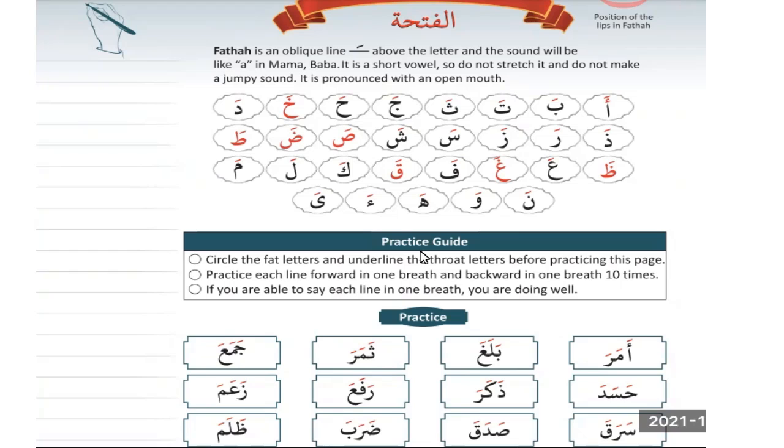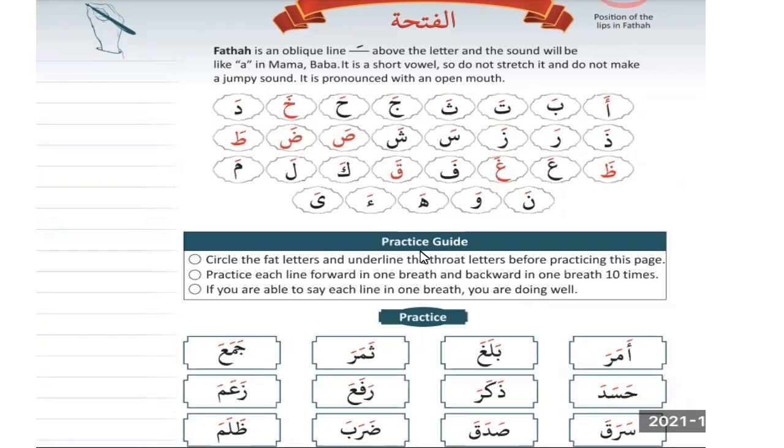Dal, fatha, dal. Dal, fatha, da. Ra, fatha, ra. So there is a very conditional letter which is called ra, because whenever ra comes with the fatha on it, all the time the sound becomes heavy or fat.